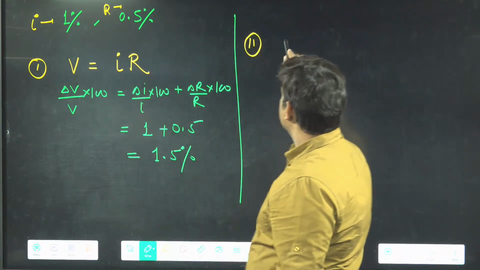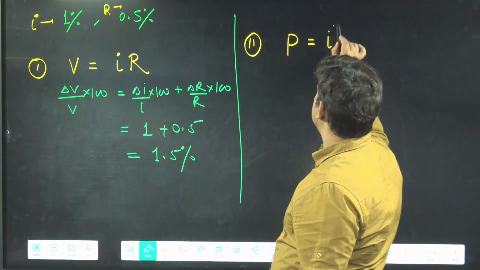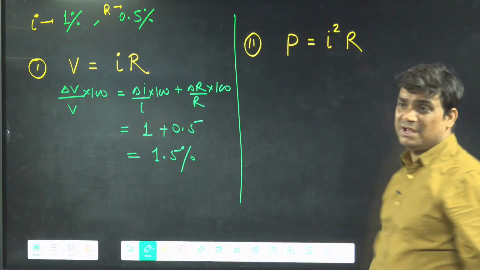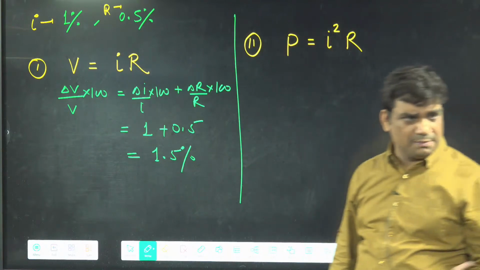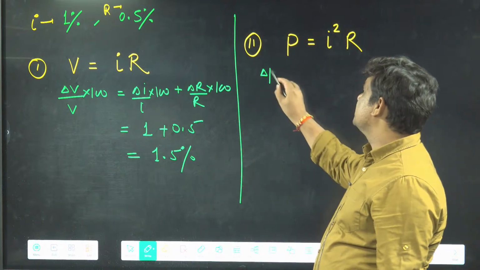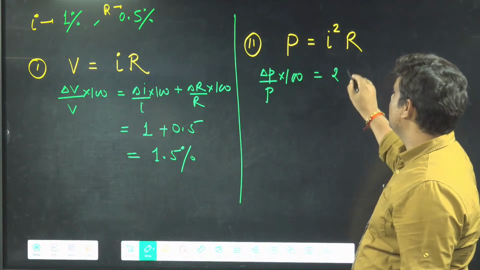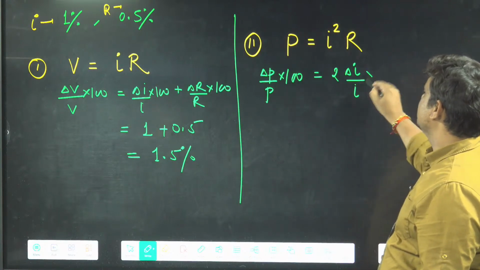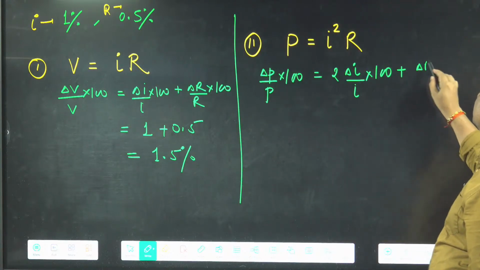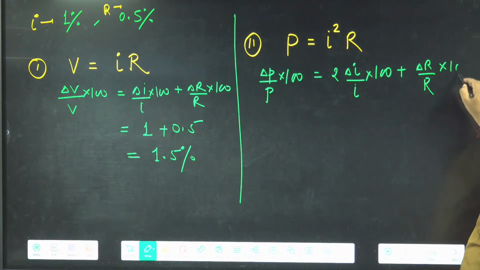Second question, power is I square into R. If power is I square into R, then we get delta P by P into 100 equals, the power comes outside, 2 delta I by I into 100 plus delta R by R into 100.